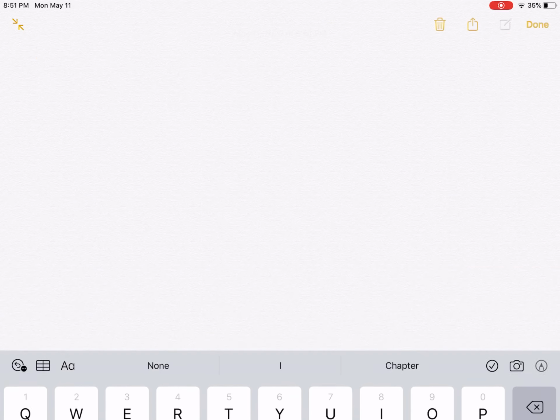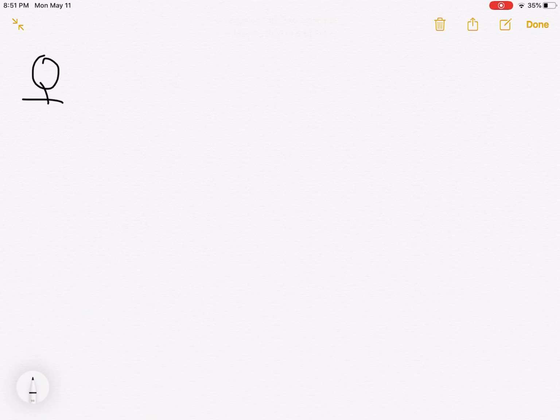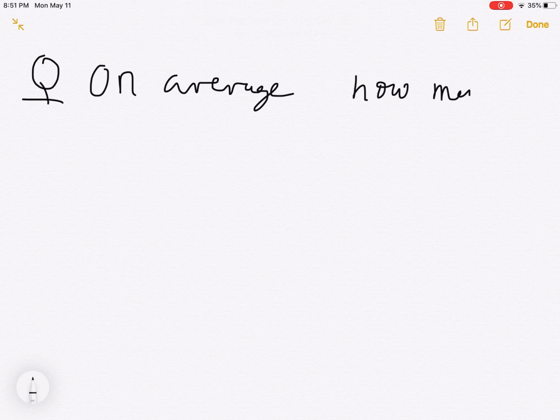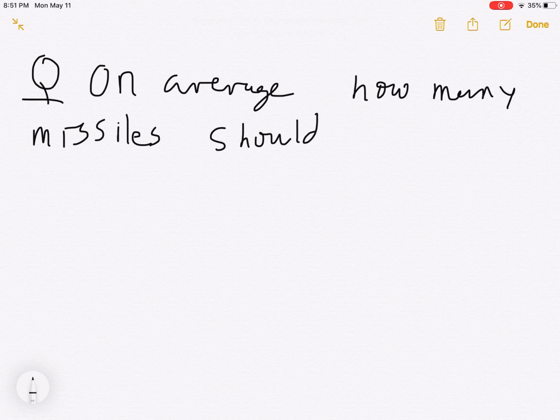If I'm the military, one question I'd like to know is, on average, how many missiles should I expect to launch to hit the target?